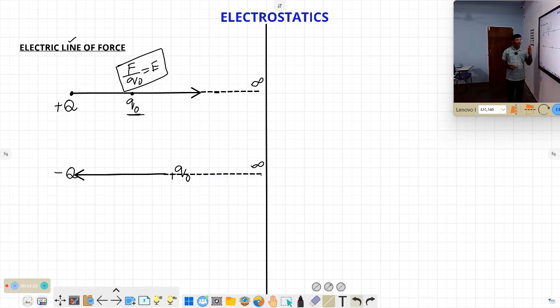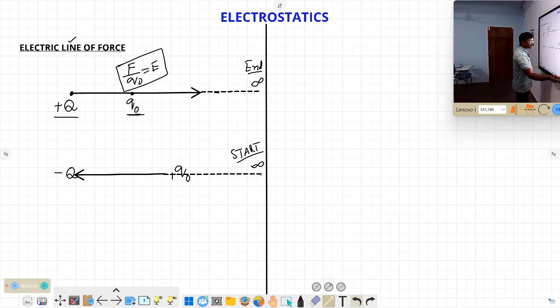The main point you have to understand: for a positive charge, electric lines of force start from the charge and end at infinity. For a negative charge, they start at infinity but end at the charge. Due to attraction, the electric line of force starts at infinity and ends at minus Q.